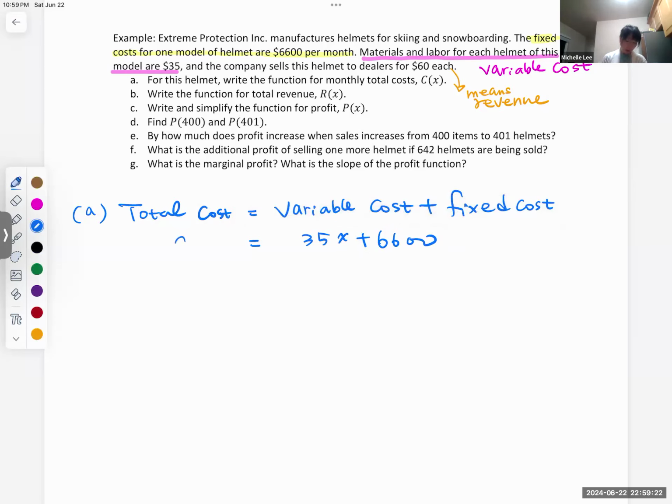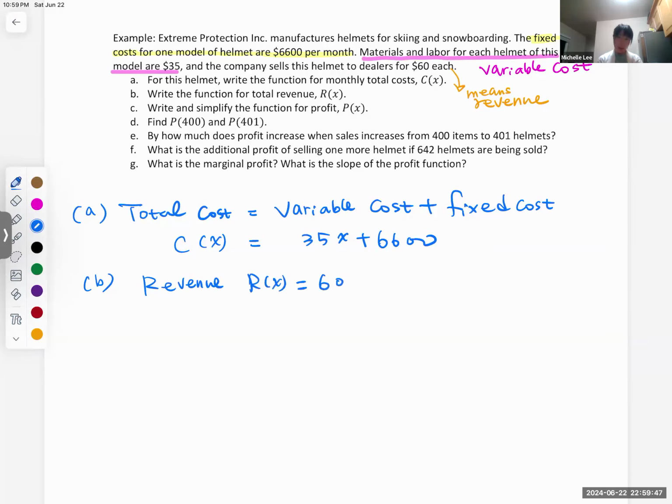So let's denote this as C of x. Okay, second one, write a function for total revenue. Okay, revenue, we had here $60 each. So the revenue function R of x equal to 60x.